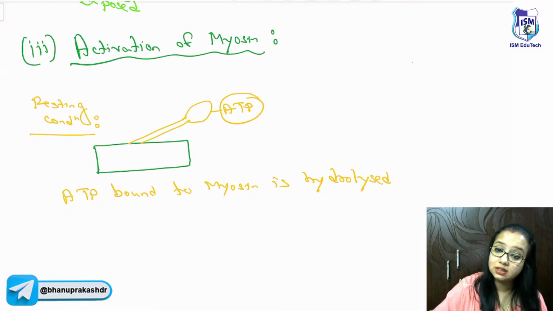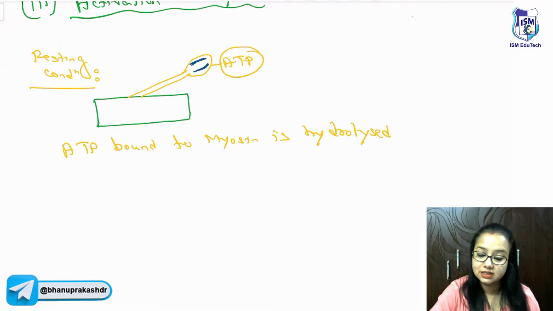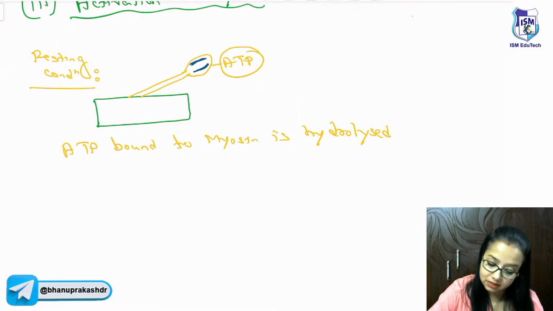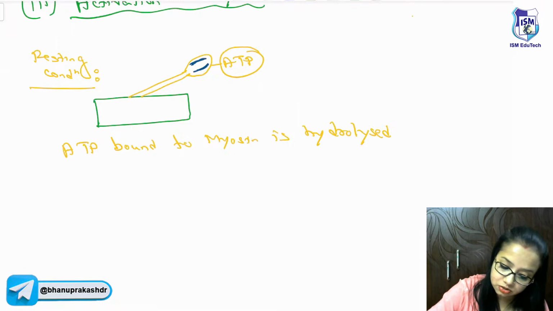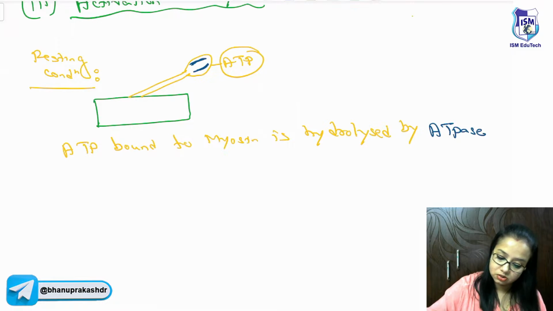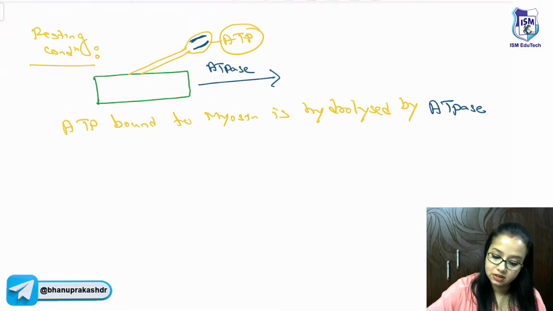hydrolyzed. We know that in the myosin, what do we have? We have one ATP binding site, we have one catalytic site, right? So here, the ATP that is bound to the myosin will be hydrolyzed by the ATPase enzyme.